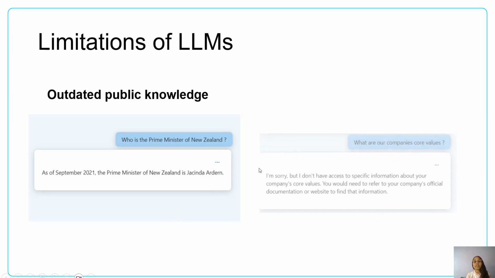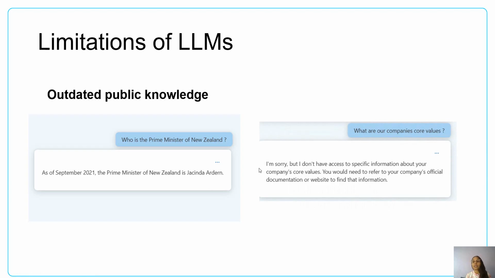I asked another question: what are our company's core values? My company is Data Engine, and I wanted to know the company's core values. The LLM returned the answer saying, I'm sorry, but I don't have access to specific information about your company's core values.